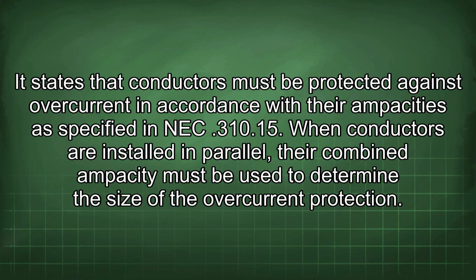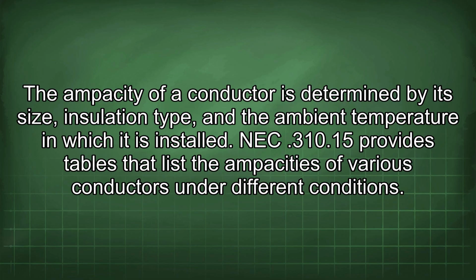When conductors are installed in parallel, their combined ampacity must be used to determine the size of the overcurrent protection. The ampacity of a conductor is determined by its size, insulation type, and the ambient temperature in which it is installed. NEC 310.15 provides tables that list the ampacities of various conductors under different conditions.